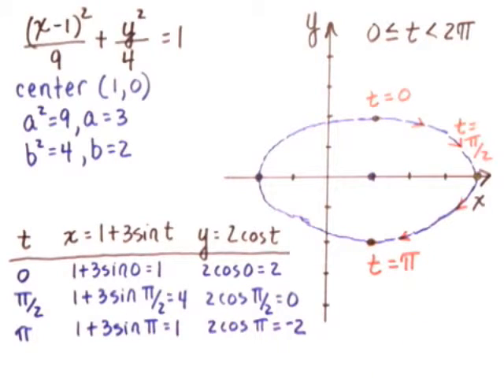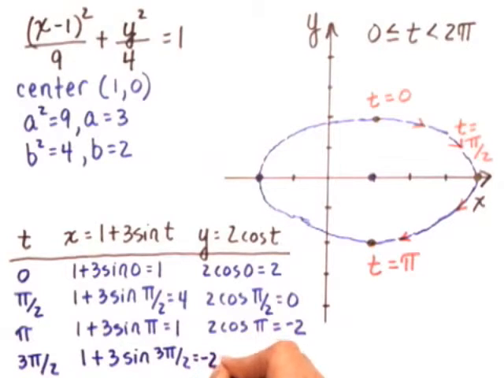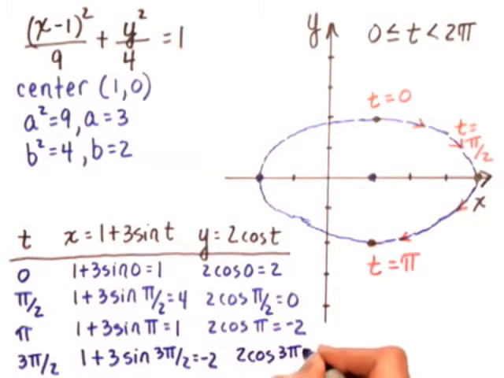Let's pick one more value. Let's pick 3 pi over 2. X will equal 1 plus 3 times the sine of 3 pi over 2. Since the sine of 3 pi over 2 is equal to -1, this becomes 1 plus 3 times -1, or -2. And our y value will equal 2 times the cosine of 3 pi over 2.